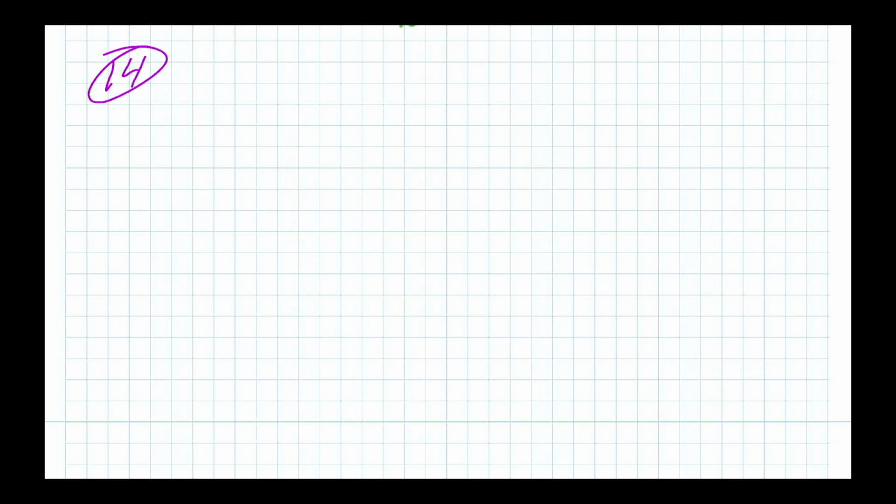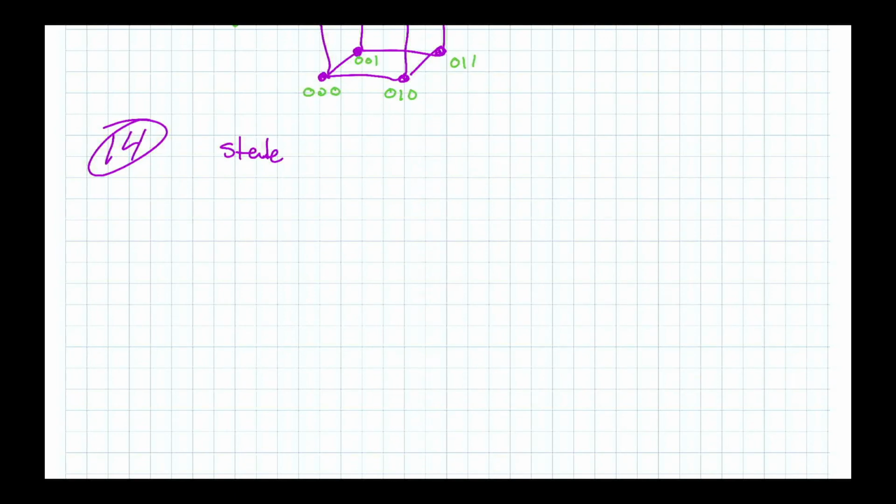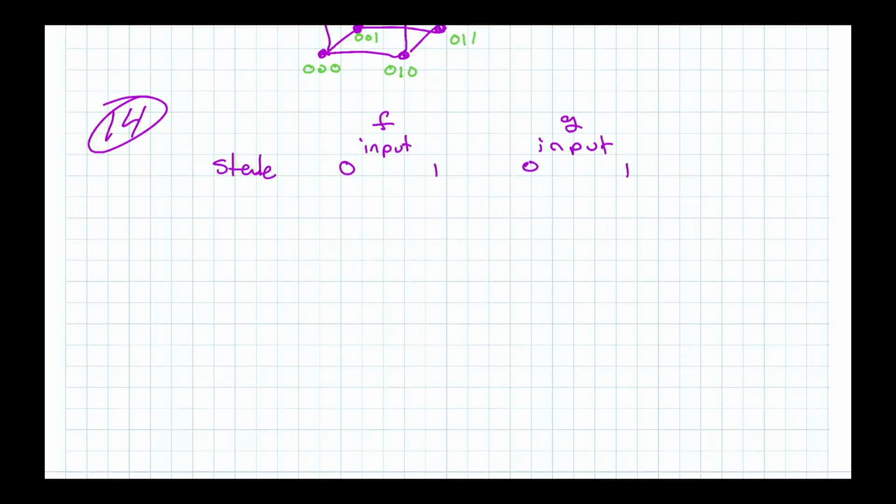So let's see here. I've got to draw this. We have a state table. I need to move this already. I'm down here. State, 3 lines. F, input, 0, 1. G, input, 0, 1.